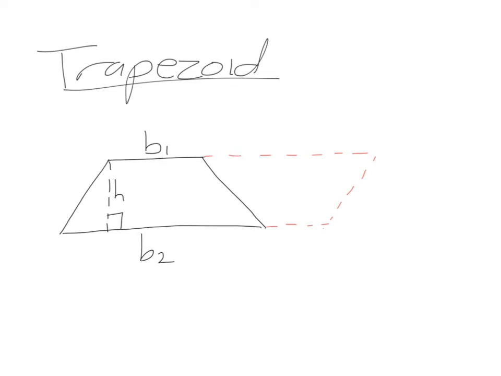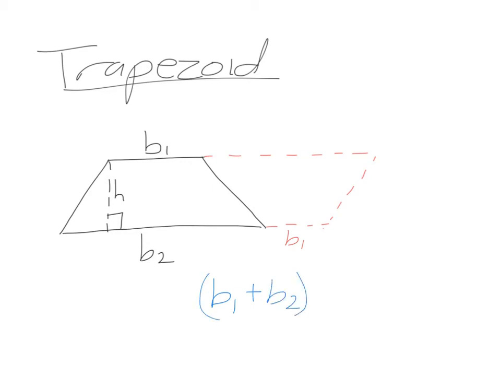Well, the base of the parallelogram is this whole thing here. I know this is B2, but how long is this here? That's right, it's B1. So the base of my parallelogram is B1 plus B2.